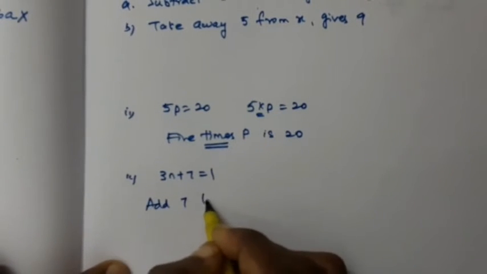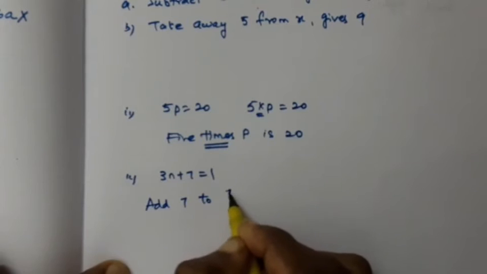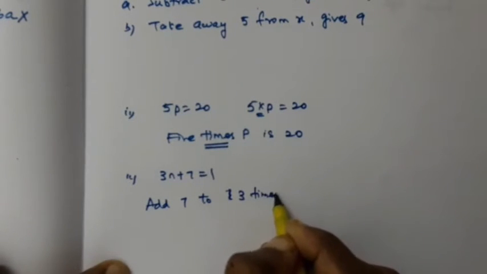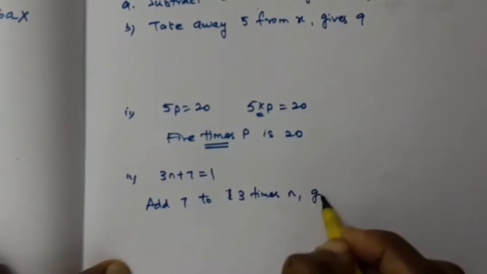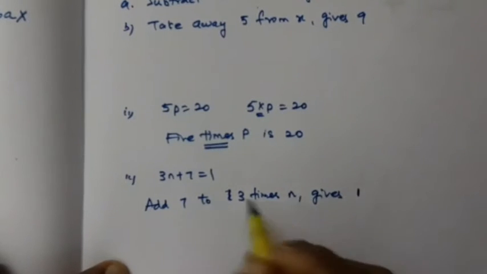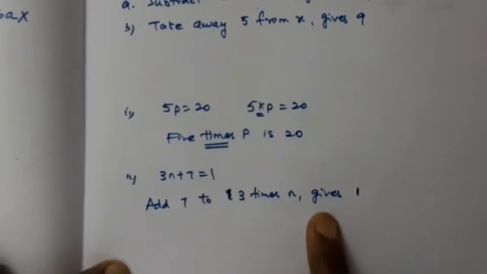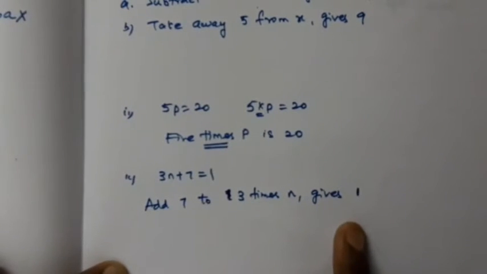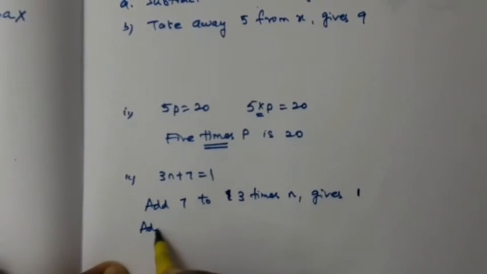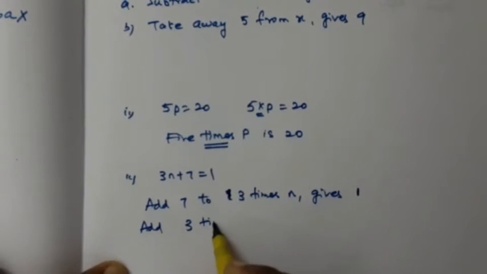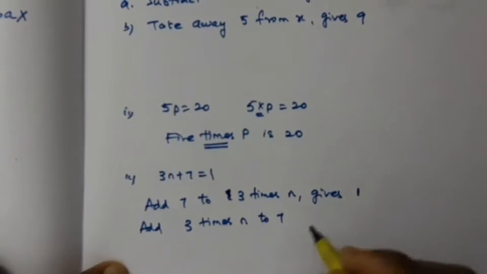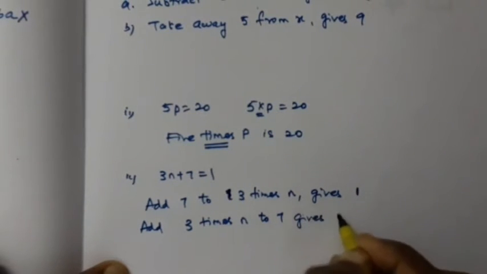Add 7 to 3 times n gives 1. So you are adding 7 to 3 times n, which gives 1. In the same way you can write add 3 times n to 7. In both ways you can write, gives 1.